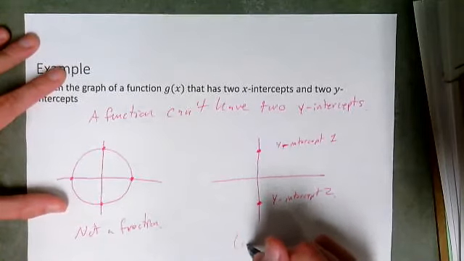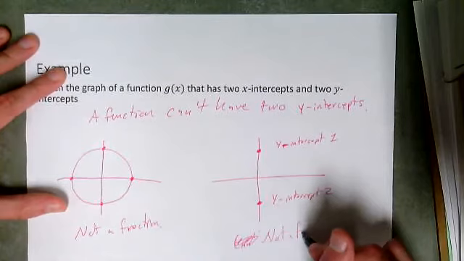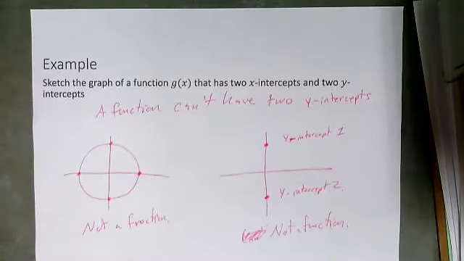Can't have a function. So yeah, this question, you can't give a function with 2 x-intercepts and 2 y-intercepts, both. You can give many functions with 2 x-intercepts. You could have an infinite number of x-intercepts, but you can only have 1 y-intercept. Okay? That is the end of this lecture.